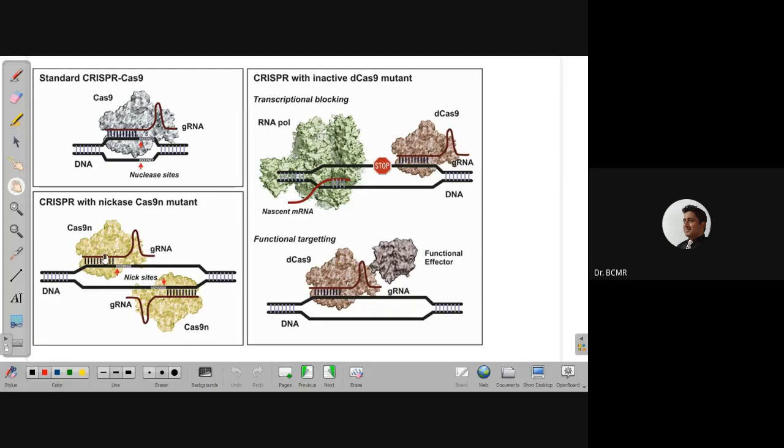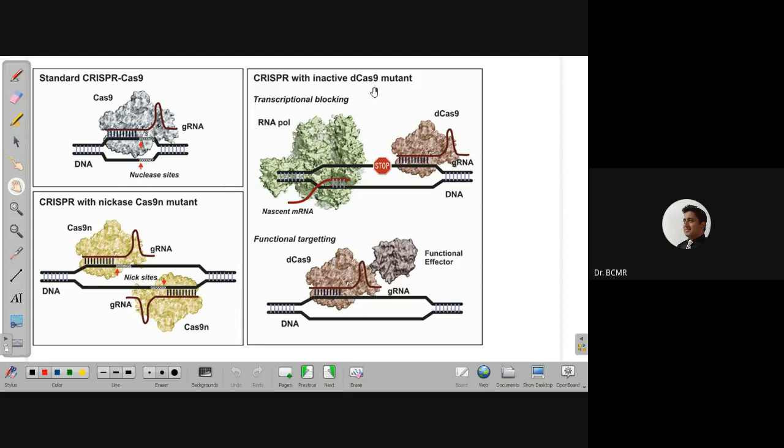We can make nicks in different places, cleaving once on one strand and once on the other strand, so that we can generate overhangs. We can generate DNA ends which are much more ready to readily undergo homology directed repair.